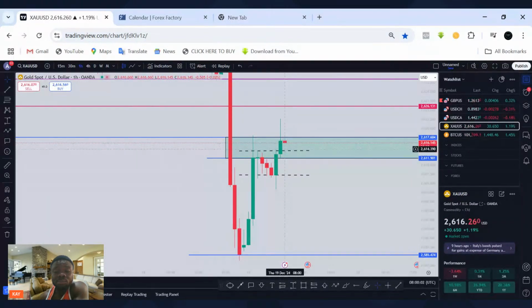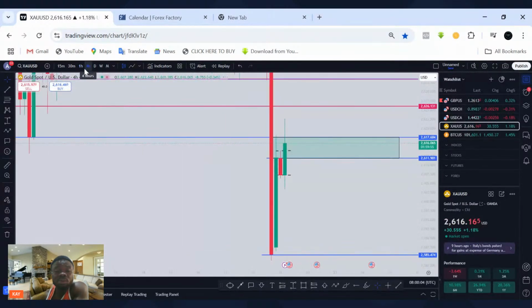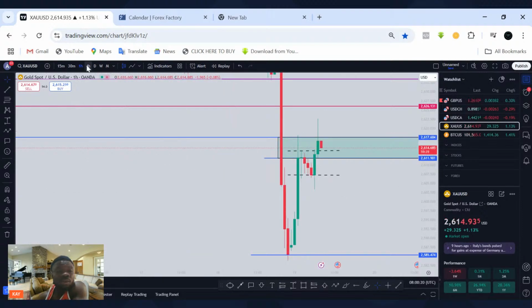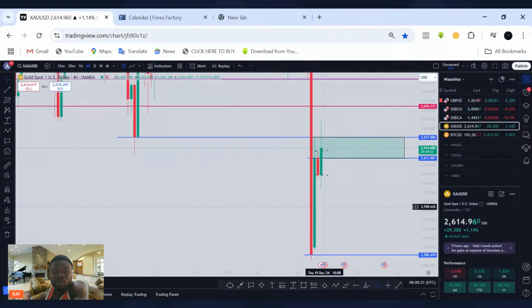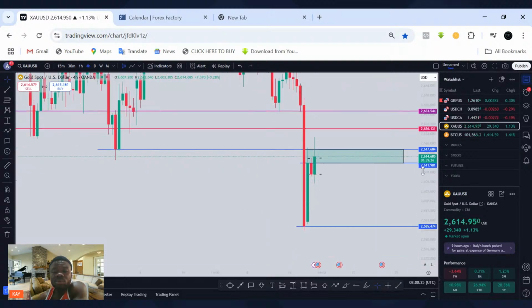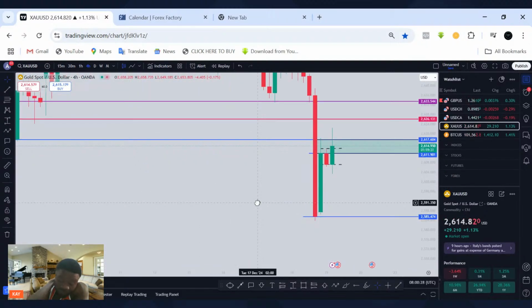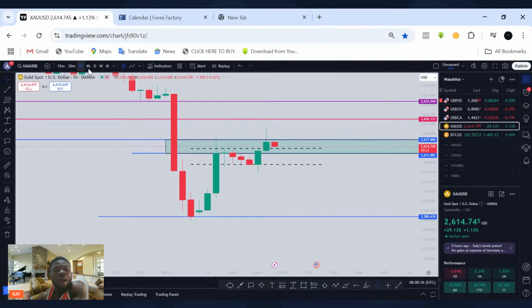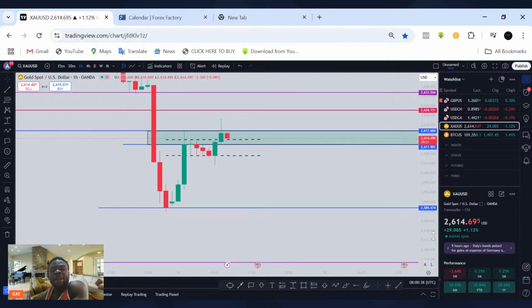So this is the London move. Maybe the London move will just flip it bearish, to the downward.